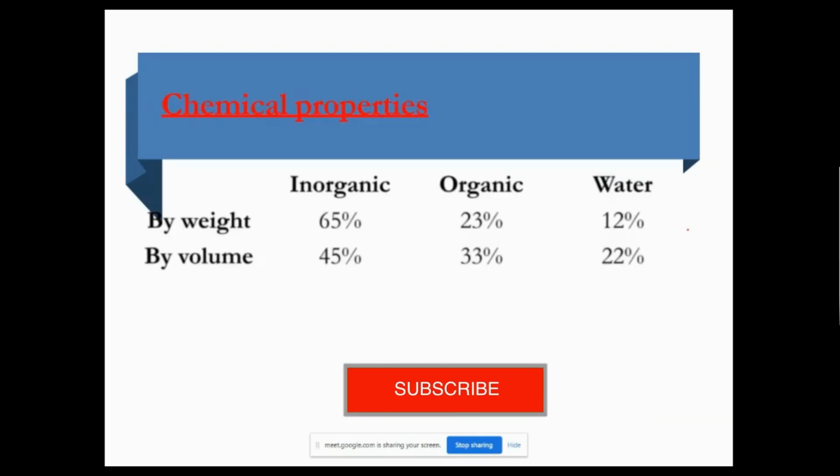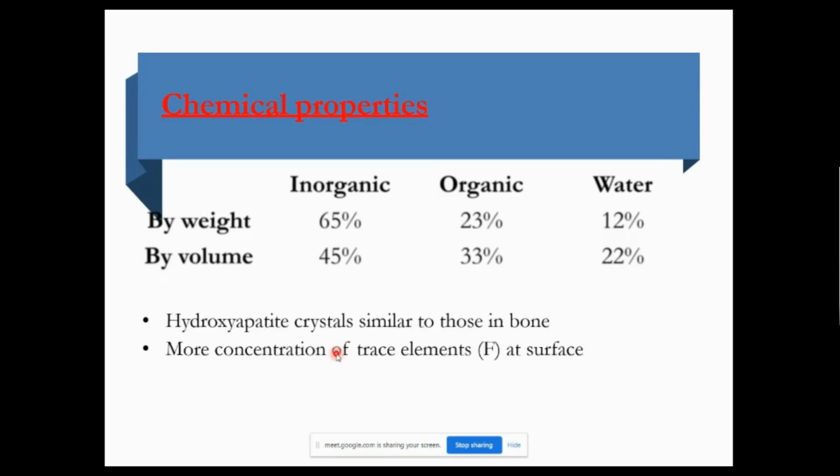Chemical properties by weight, it is quite close: 65% inorganic, organic is 23% and water is 12%, and by volume it is 45% inorganic, organic is 33 and water is 20. So the hydroxyapatite crystals are similar to those present in the bone.